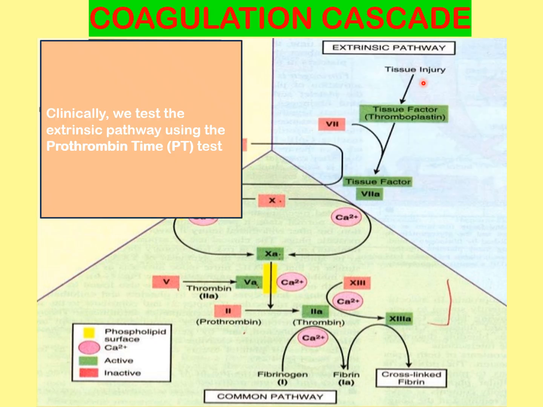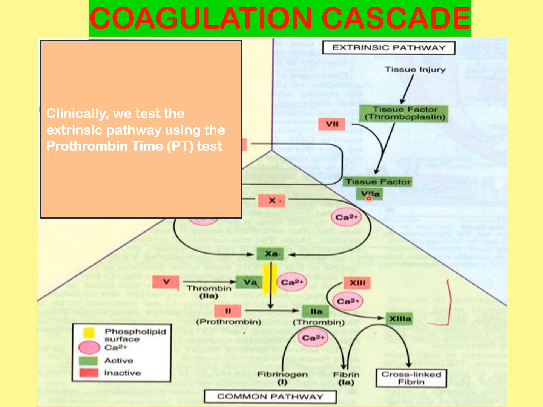Now let's understand the extrinsic pathway of the clotting cascade. This is the shorter pathway and it works within seconds. It starts when there is an injury to a blood vessel. In response to this, the damaged endothelial cells release tissue factor, which is clotting factor number 3. Tissue factor then activates stable factor, which is clotting factor number 7 into clotting factor number 7A.